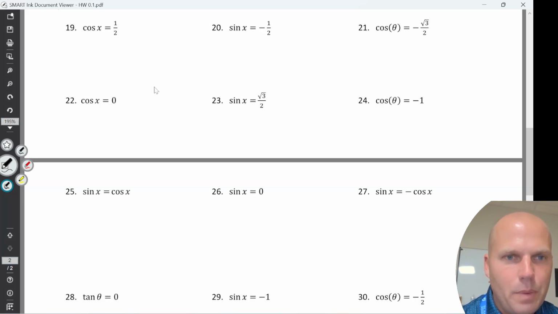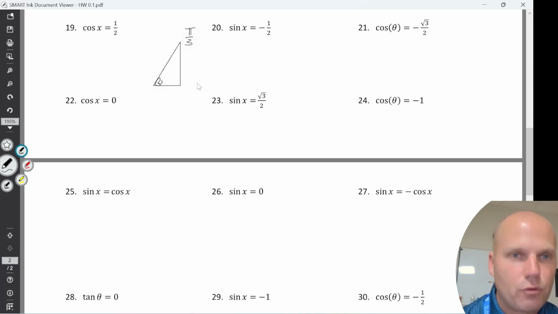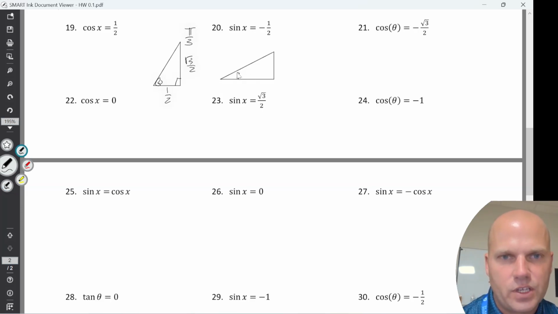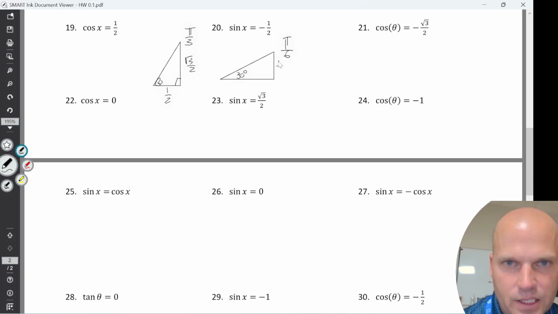Well, I still go back to my triangles. My tall 30, 60, 90 triangle created by pi over 3 radian with this opposite and this adjacent. I go to my short 30, 60, 90 triangle where the 30-degree angle is the reference angle, at the pi over 6's, because pi divided by 6 is 30. And I got this as 1/2, and this is root 3 over 2.